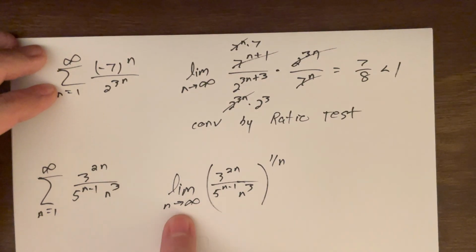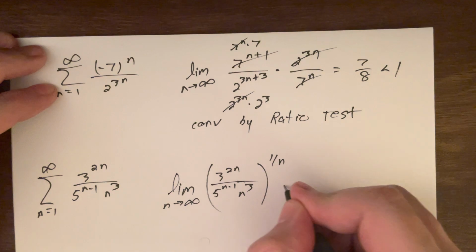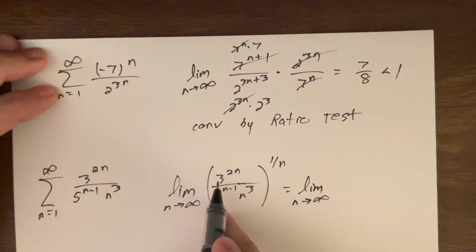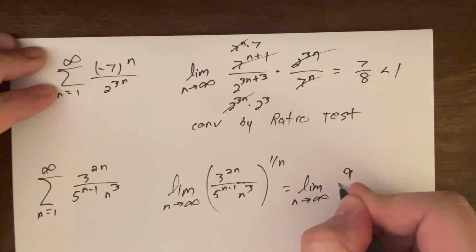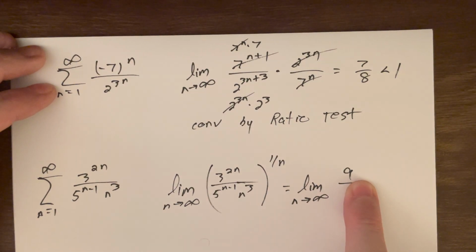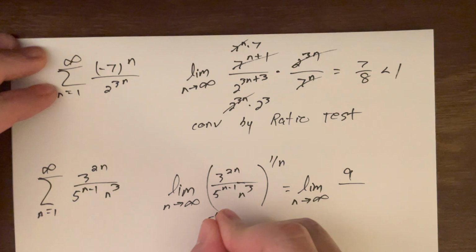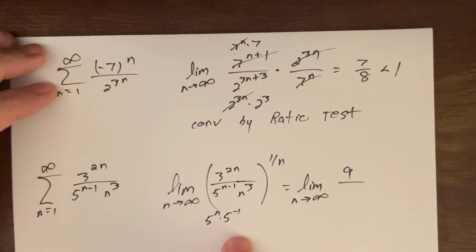As we say, before I think about the limit, think about cleaning some things up. Right off the bat, this piece is pretty nice. As we've seen with similar things, 3 to the 2n to the 1 over n, the n's would cancel. You're left with 3 squared, 9. This, not quite so easy. You'd have to think of this as 5 to the n times 5 to the negative 1.